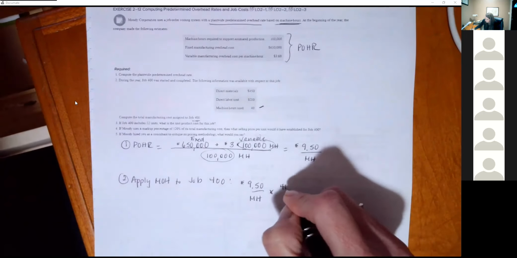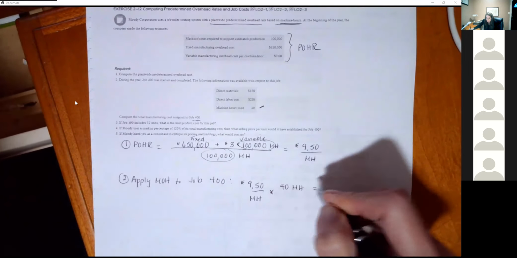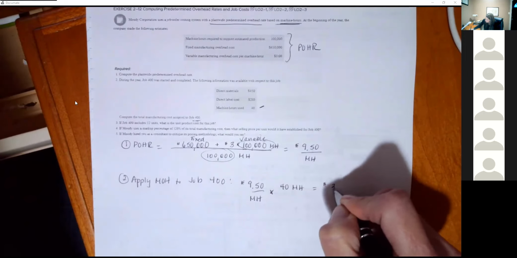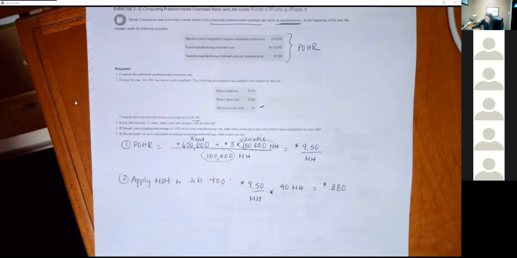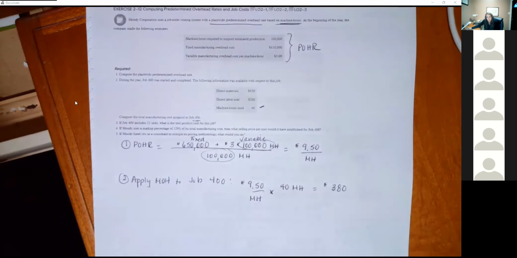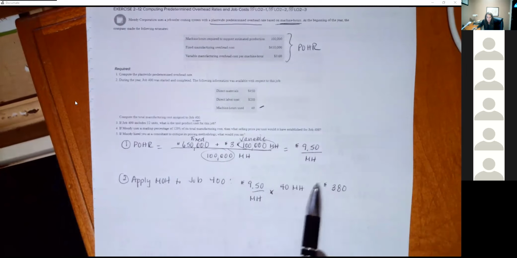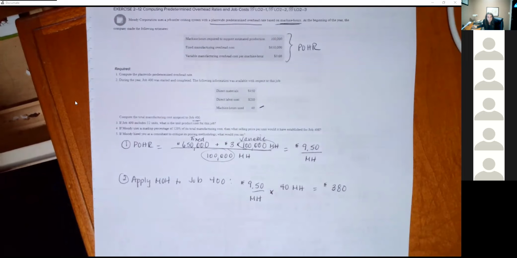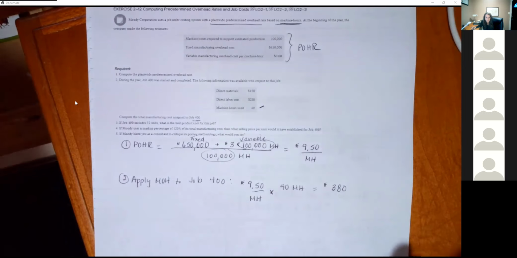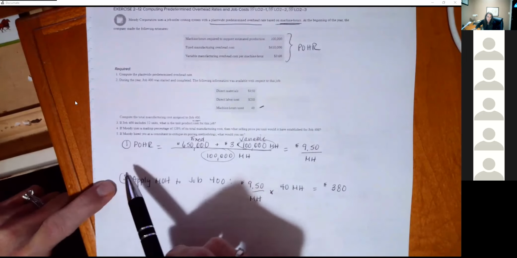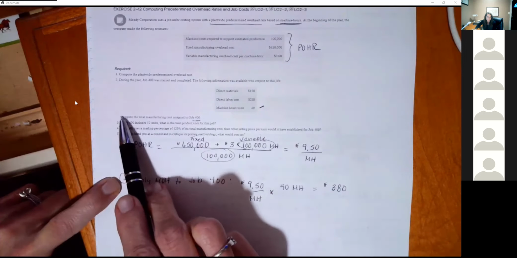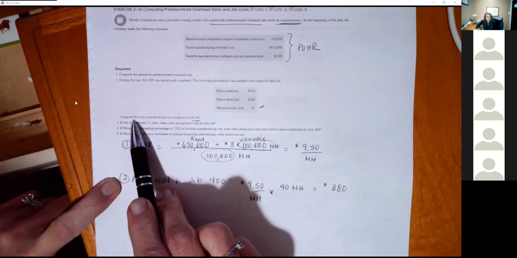So I multiply that by 40 machine hours. And so out of all of these estimated overhead costs, I'm going to apply $380 to this job. So just so you know, I'm going in the steps that I gave you earlier. This one doesn't completely answer question 2. That's going to be the next step.